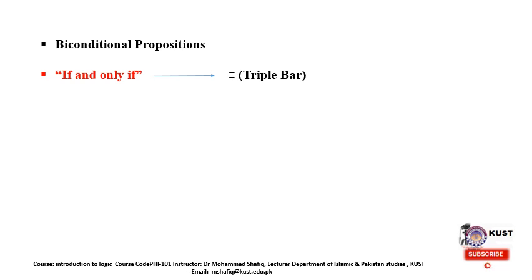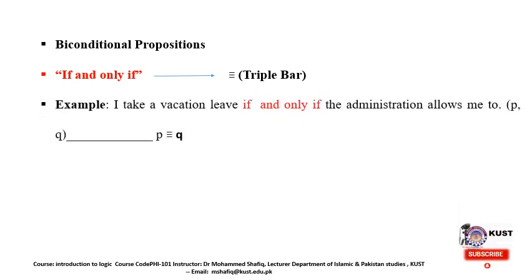It's depicted with the triple bar, that is the biconditional proposition symbol. For example, if I say I take a vacation leave if and only if this administration allows me to do so.